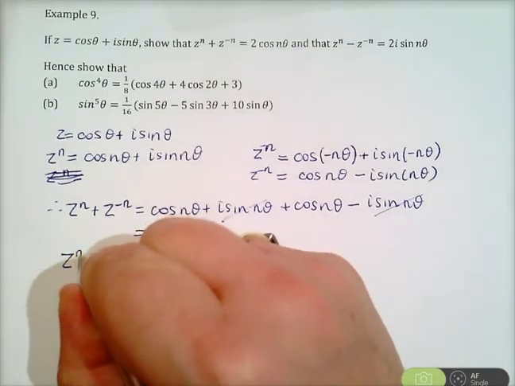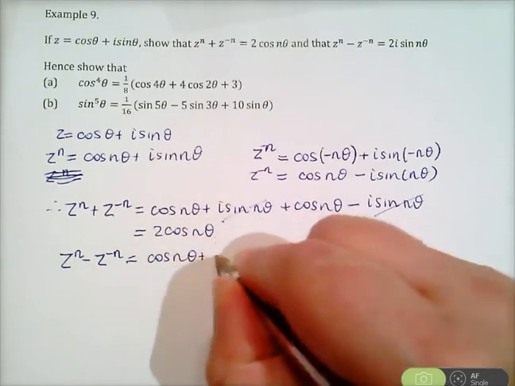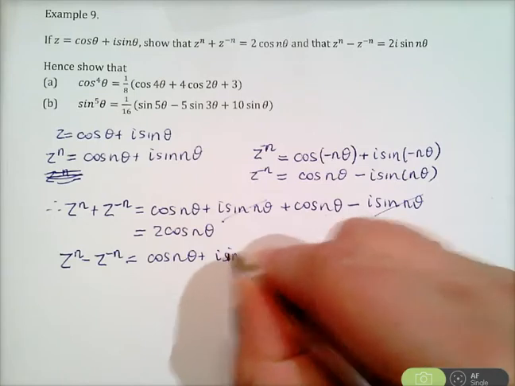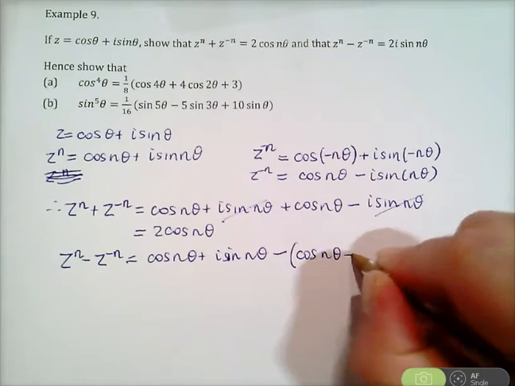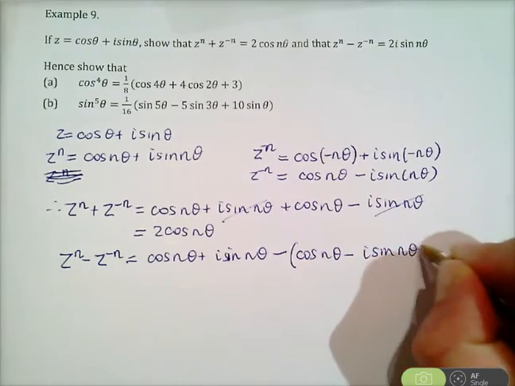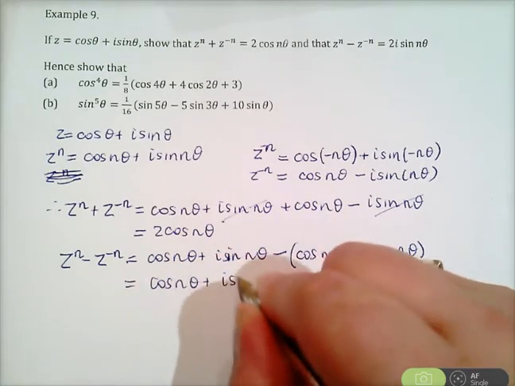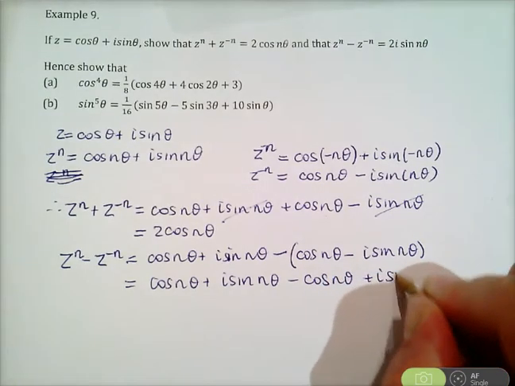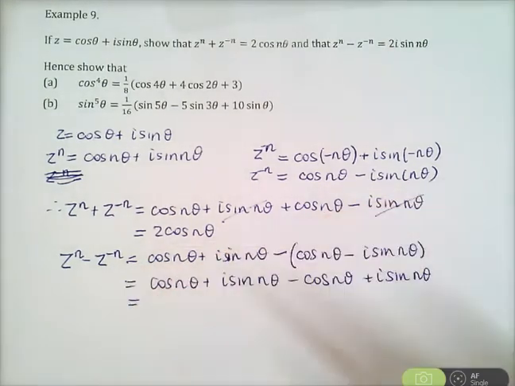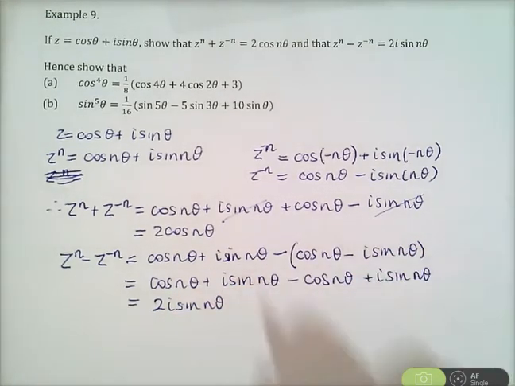And also z to the power of n minus z to the power of negative n is cos n theta plus i sine n theta minus cos n theta plus i sine n theta, which is 2 lots of i sine n theta. Okay, now that's the first part of the question.